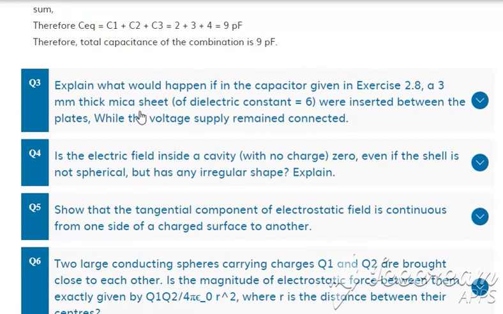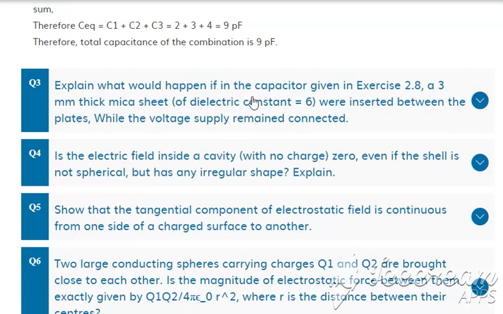Now next is: explain what would happen if a 3 mm thick mica sheet, dielectric constant 6, were inserted between the plates of the capacitor given in exercise 2.a, while the voltage supply remains connected. Now in the last video we discussed dielectrics, and we know that when a dielectric is inserted, the capacitance increases by k times.